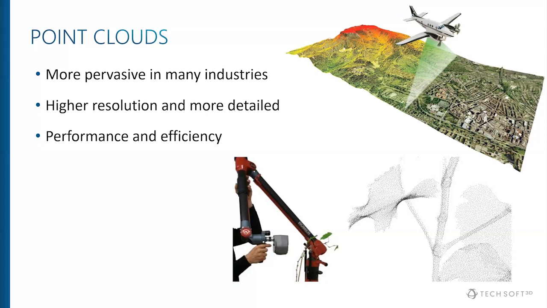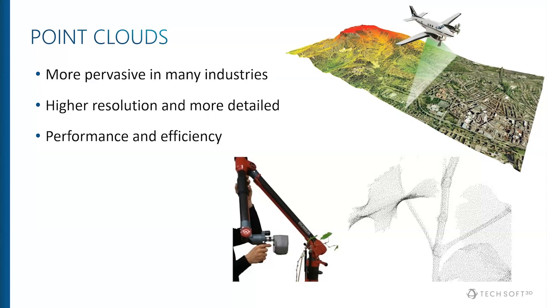Besides having more point cloud applications or use cases, we're also seeing that the data itself is becoming larger. Higher resolution scanners are becoming more common and affordable, so you have bigger files with more points, and the detail is becoming finer and more precise. What it means is that this is demanding for systems, requiring higher performance and efficiency.